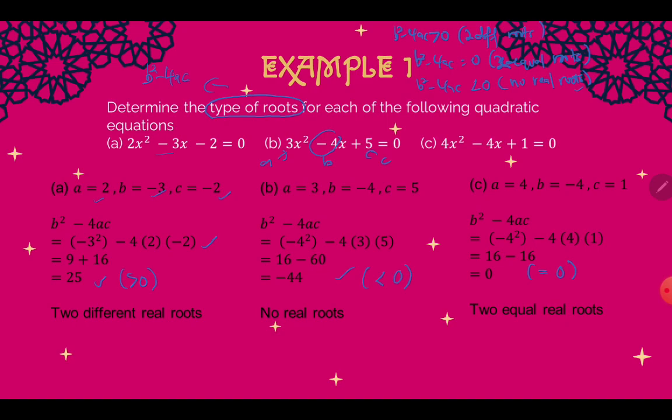I remind you, when we talk about type of roots, we need to relate it with the discriminant. We have three cases. If the discriminant is greater than 0, it is two different real roots. If the discriminant equals 0, it is two equal roots. However, if the discriminant is less than 0, the type of root is no real roots.